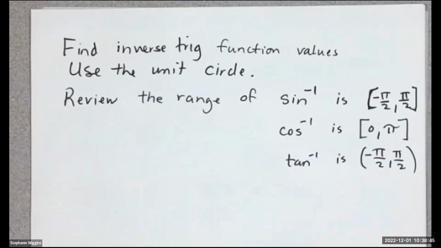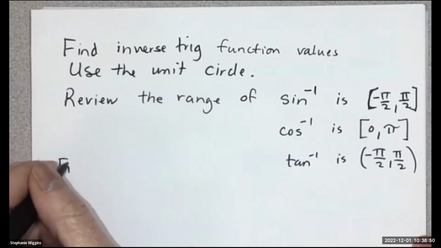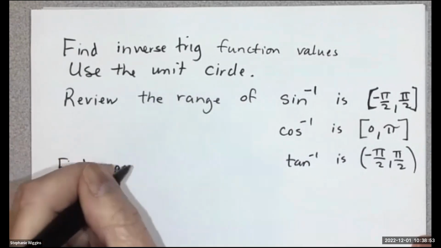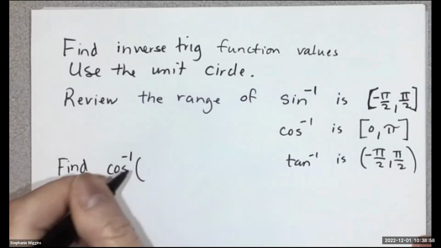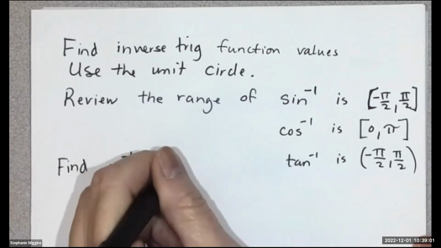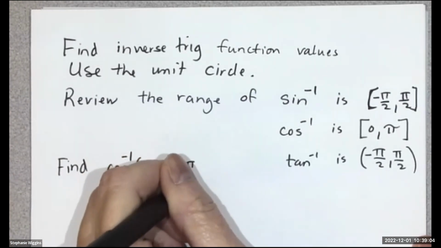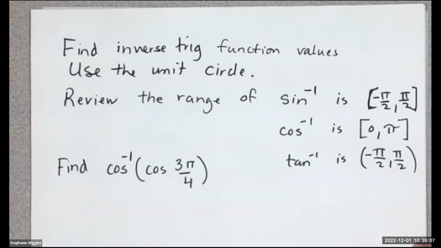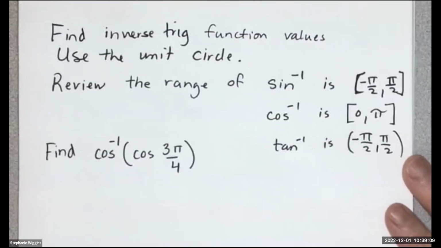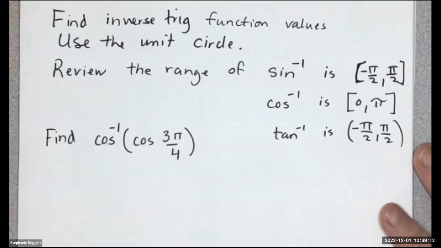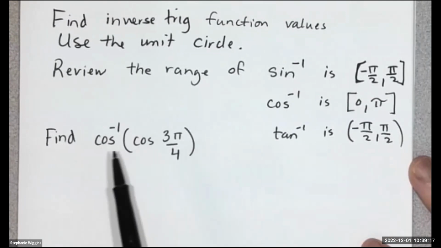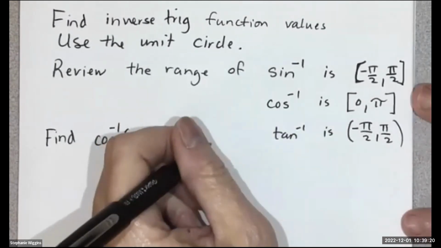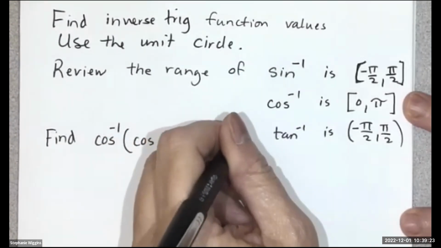So just remember that when you're doing a composition, like if you want to find cosine inverse of cosine of 3 pi over 4. You would think, oh, cosine inverse and cosine cancel each other out, so this is 3 pi over 4.